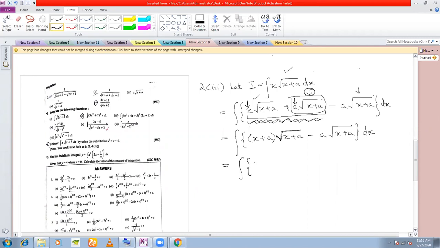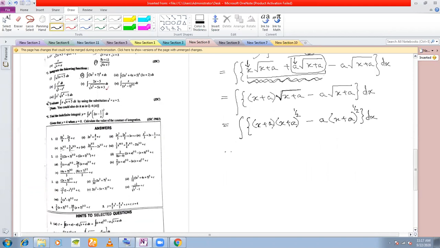Now what happens? This can be written as x plus a into x plus a to the power of half, right? Minus, and root x plus a can be written as x plus a to the power of half dx. So this now can be written as integration of x plus a to the power of 3 by 2, since 1 plus half is 3 by 2, right? We can add the powers.